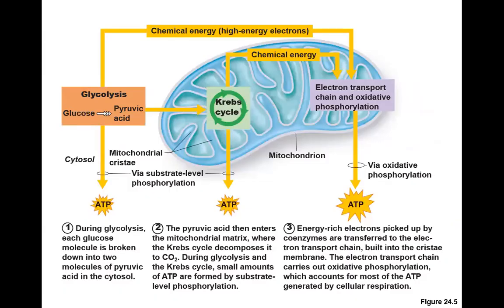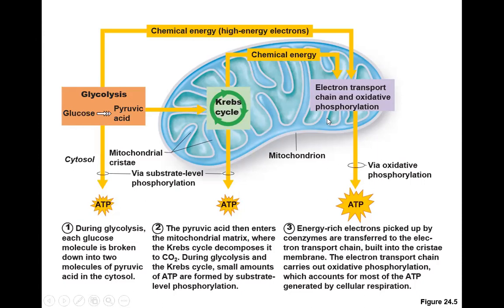This is an incredibly busy slide. It shows you the three steps of cellular respiration, starting with glycolysis and ending with electron transport. This is so busy that I never consider it useful. But the thing to remember is that glycolysis takes place in the cytoplasm.